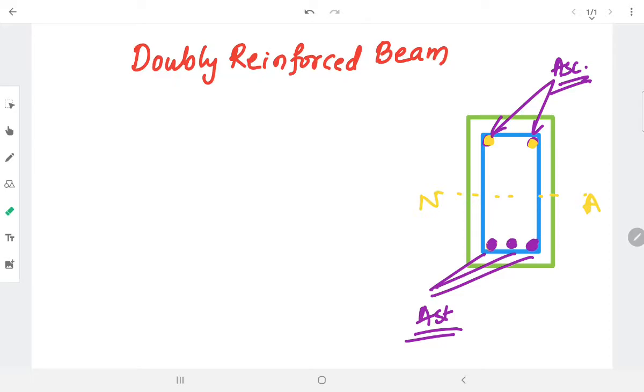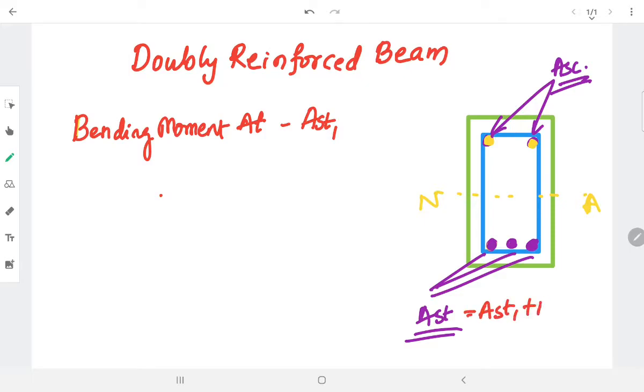To avoid that, we provide additional reinforcement at the compression fibers, which we call Asc. Generally, based on the bending moment, we provide the reinforcement Ast at the bottom, or Ast1. Generally, Ast is comprised of Ast1 and Ast2.